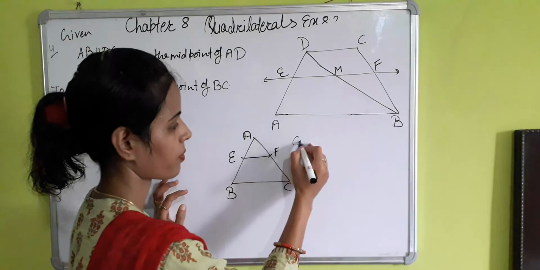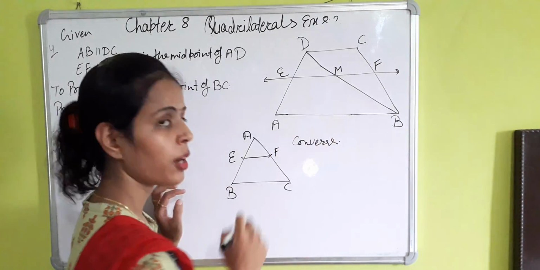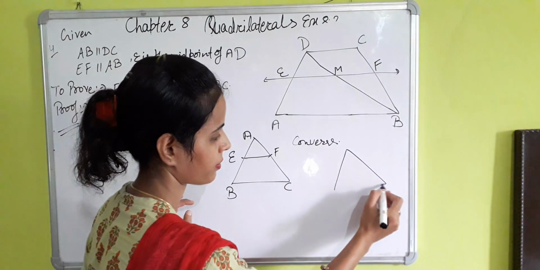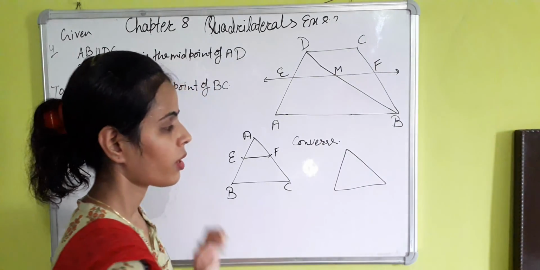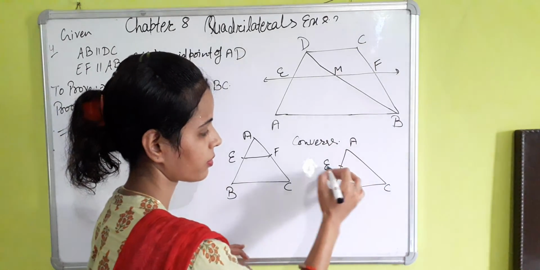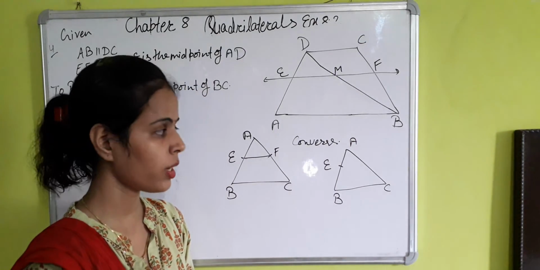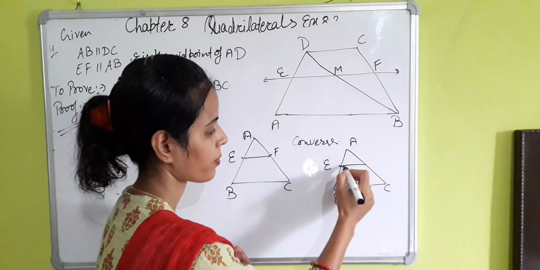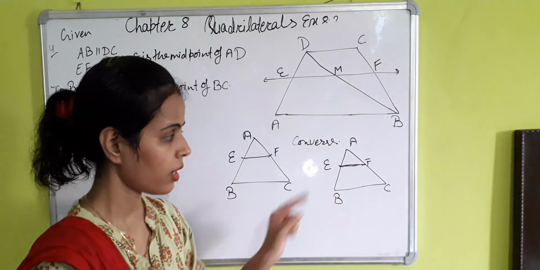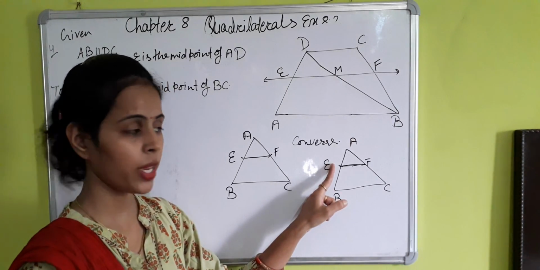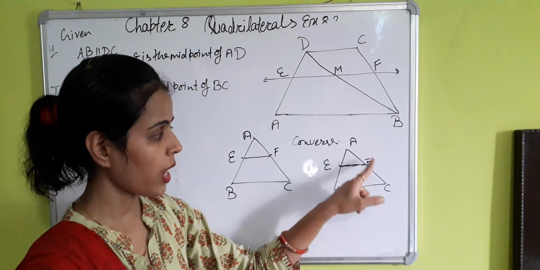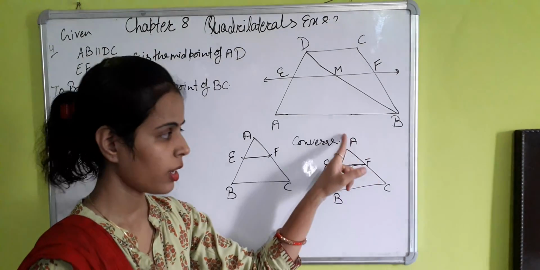And the converse of this midpoint theorem says that ABC is a triangle, E is the midpoint of AB and this line EF is parallel to BC, then F is also the midpoint of AC.